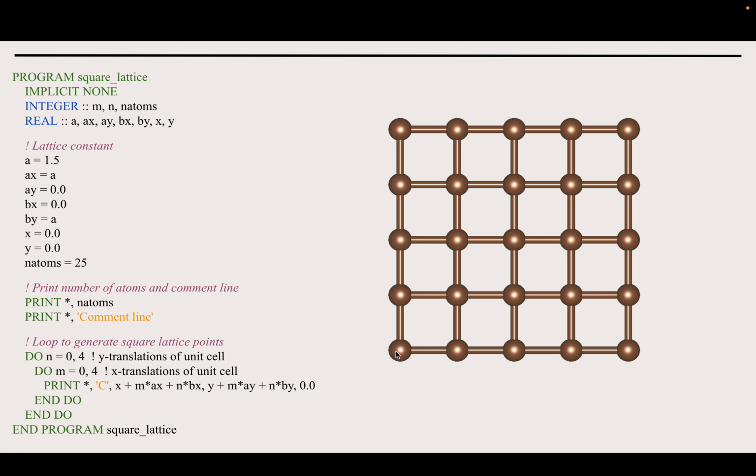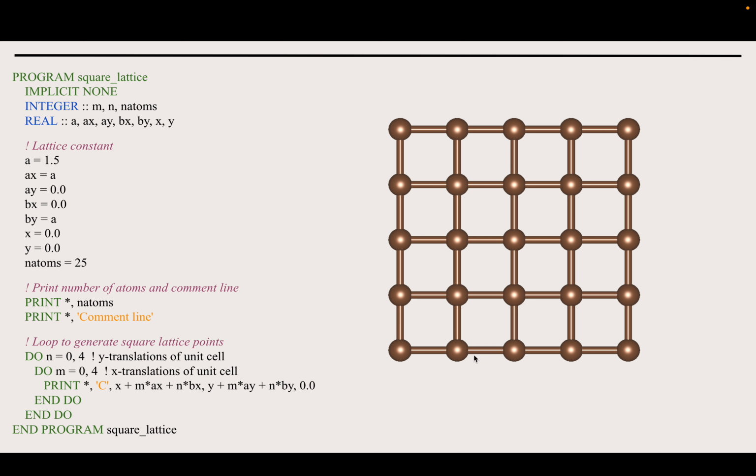As it elongates, it will first take the x component of this point, which will be added to the origin. If this is the origin, then it will be x plus m into ax, where m is the x axis translation value, plus n into bx, where n is the y axis translation value, times the x component of that vector.